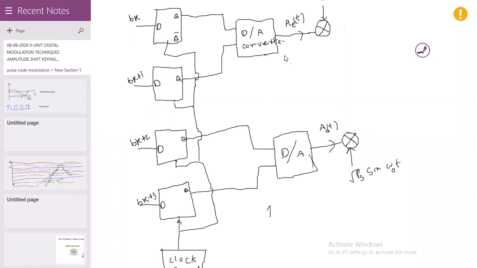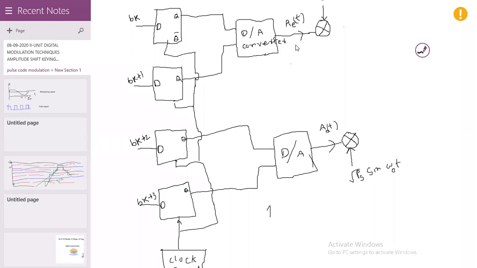The output of this digital to analog converter is AE of T. According to this example, 16 QASK, AE of T takes values plus or minus root of 0.2 or plus or minus 3 root of 0.2, either one.